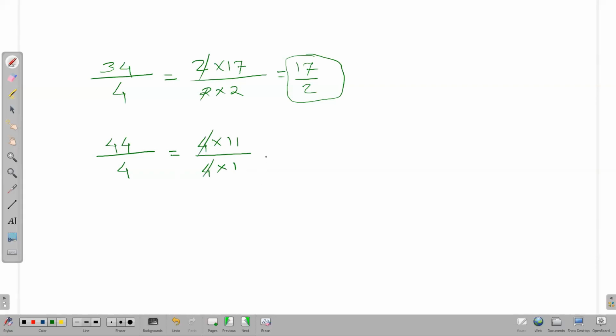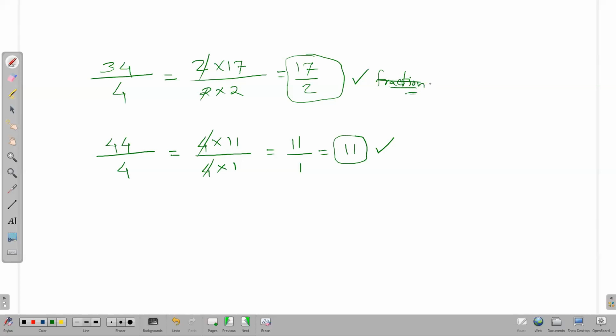Cut the common numbers. 11 by 1, which is equal to 11. So this was like I got a whole number, right? But here I got a fraction.